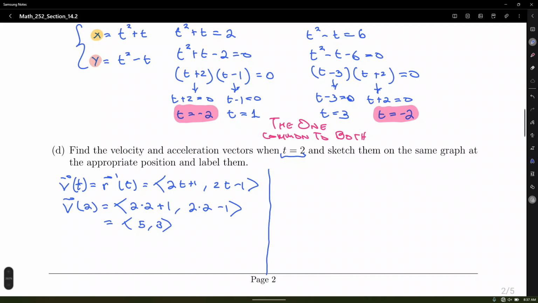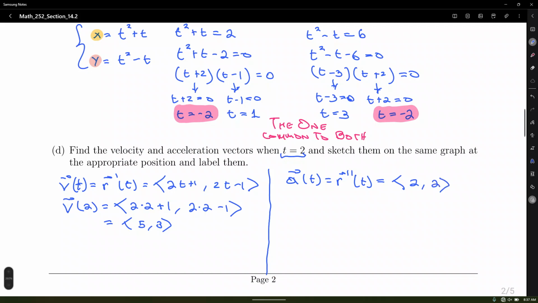Next up, we need the acceleration vector. Let's label it a of t equals r, in this case r double prime. That's the second derivative. In the same way as for scalar functions, that's the same with vector valued functions. The derivative of 2t plus 1 equals 2. The derivative of 2t minus 1 is another 2.